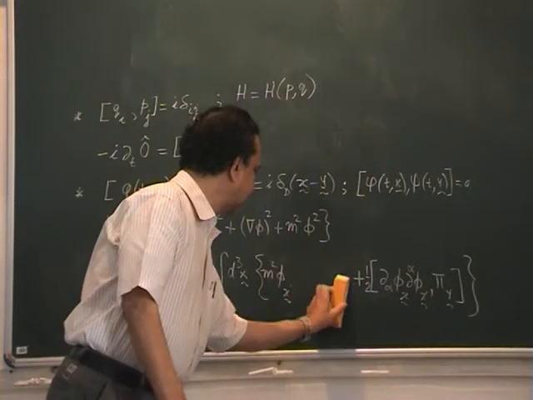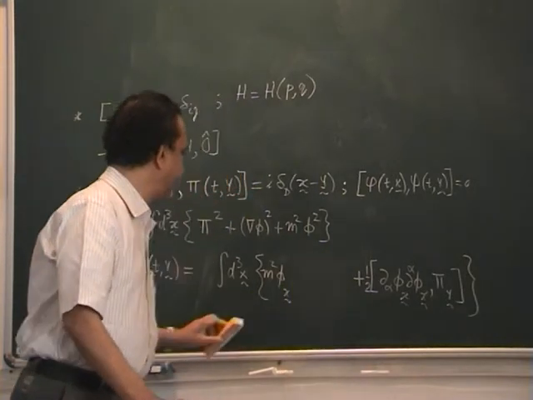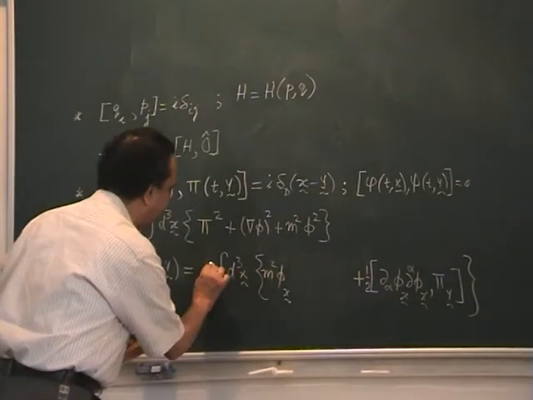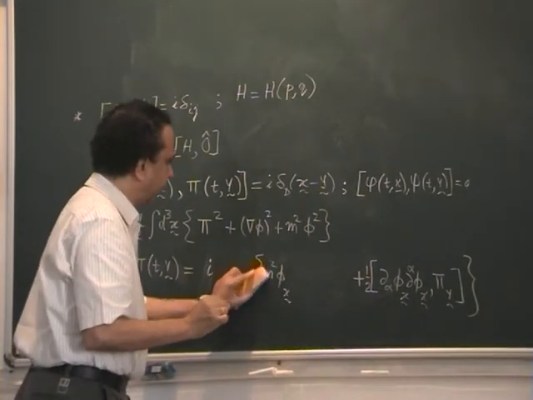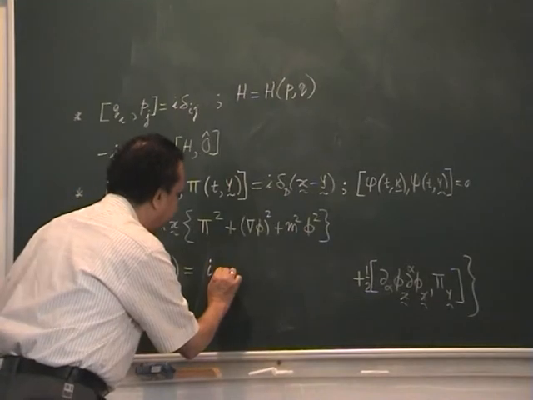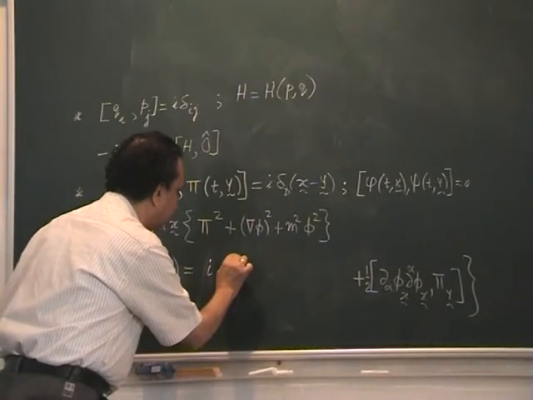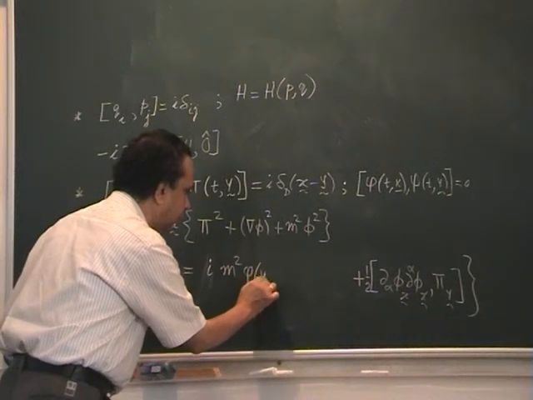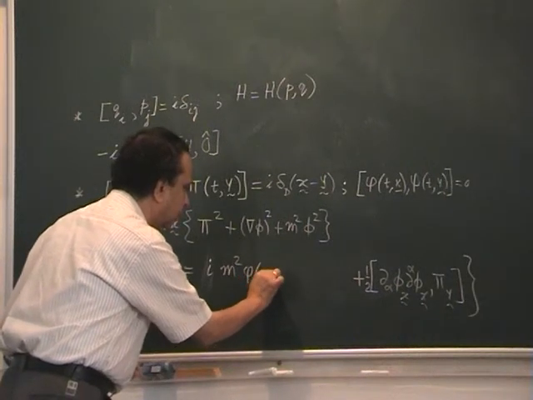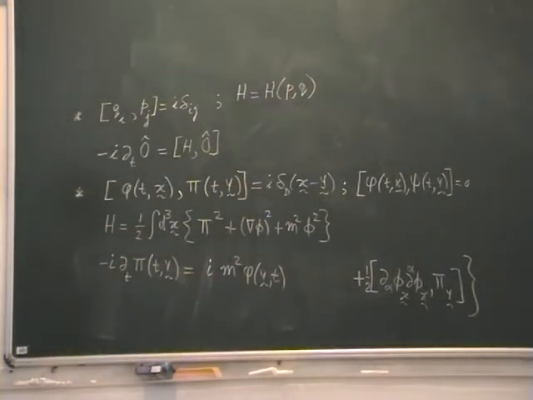So let us write it as I. So there is an I, and the Dirac delta function with this integration will give you just m square times phi. Okay, that part is done.